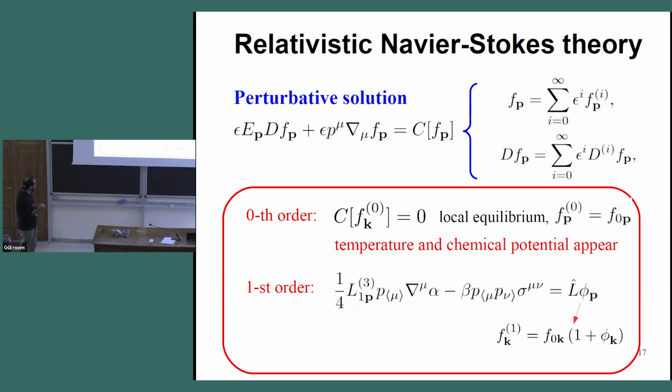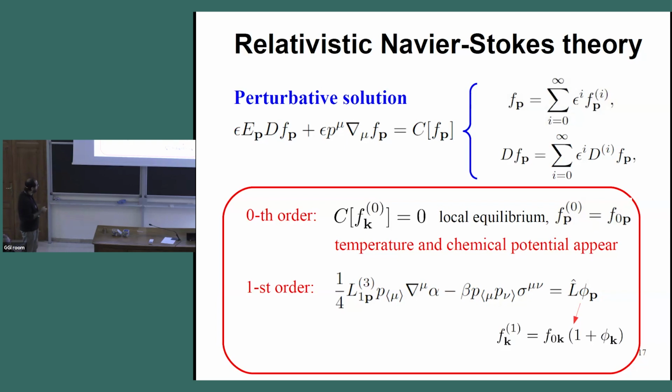This L1 is just an energy dependence written in terms of a Laguerre polynomial. And here you have the shear tensor, which has to do with derivatives of velocity. In this case there is no bulk because I'm doing the massless limit. In a more general case there will be one term here which has to do with bulk, a purely scalar term, but since I'm in the massless limit, this term doesn't exist.